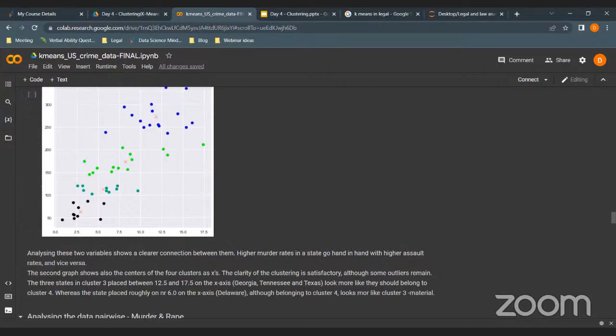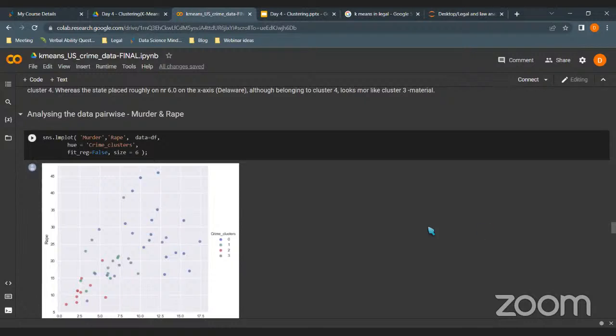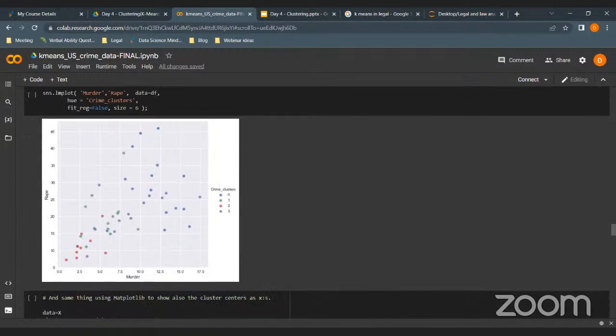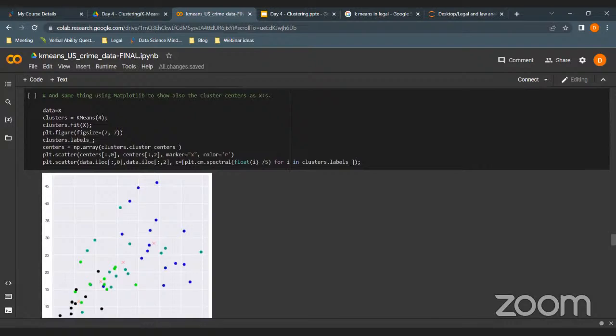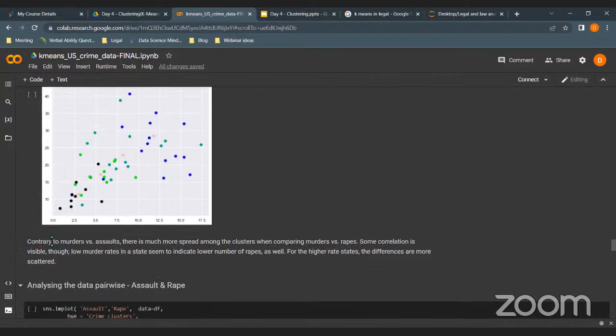Now, analyzing murder and rape, here also we can see a nearly linear trend, but the clusters are not that well defined. We have a mix-up. There is much more spread in the data compared with murder and assault.